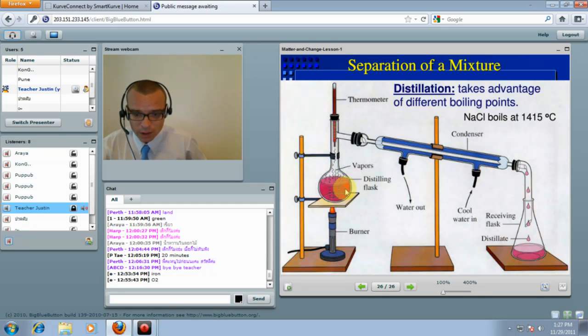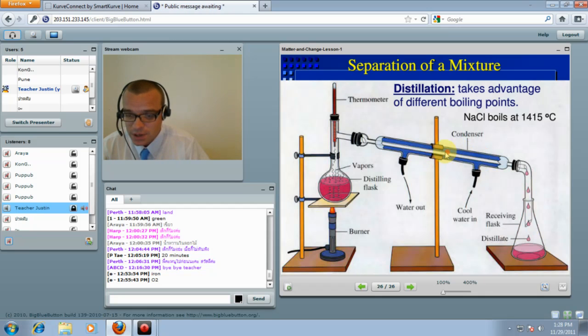The liquid in the flask here is heated to its boiling point. The vapor rises up here and enters into the tube here, and when it's in this little container here, it starts to cool.